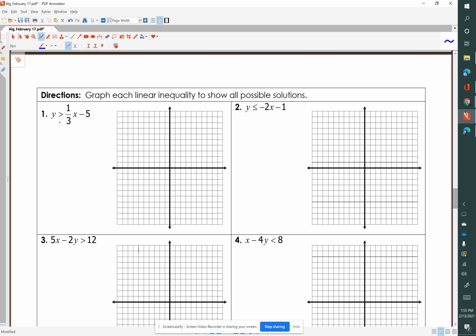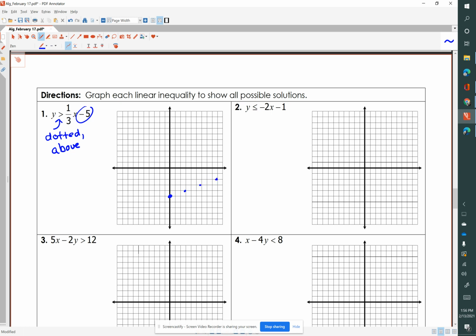So when we look at this greater than symbol, that means we will have a dotted line, and we will shade above the line of the graph. So we've got a y-intercept of -5, 1, 2, 3, 4, 5, and a slope of 1/3, 1, 3, 1, 3, 1, 3.